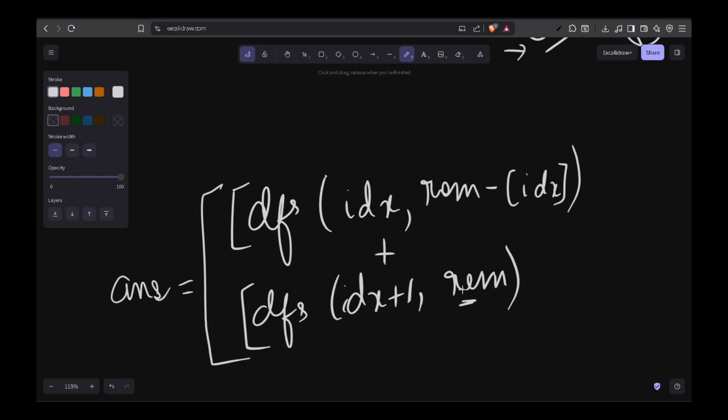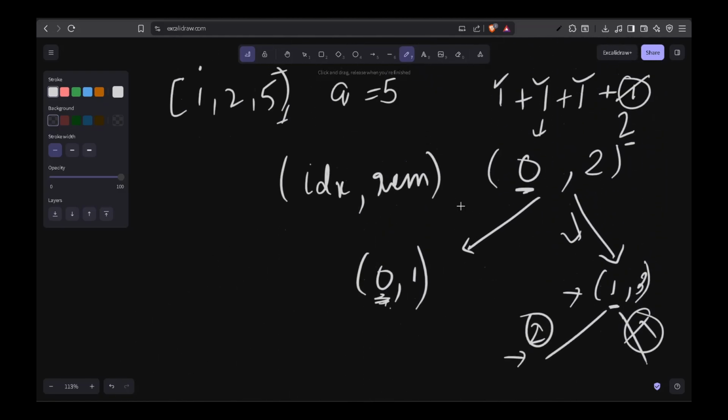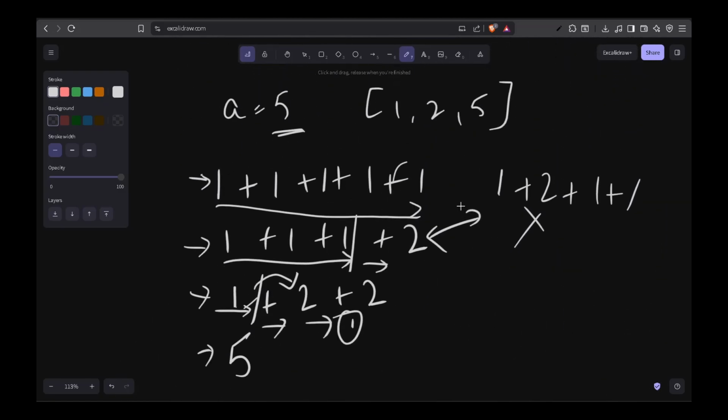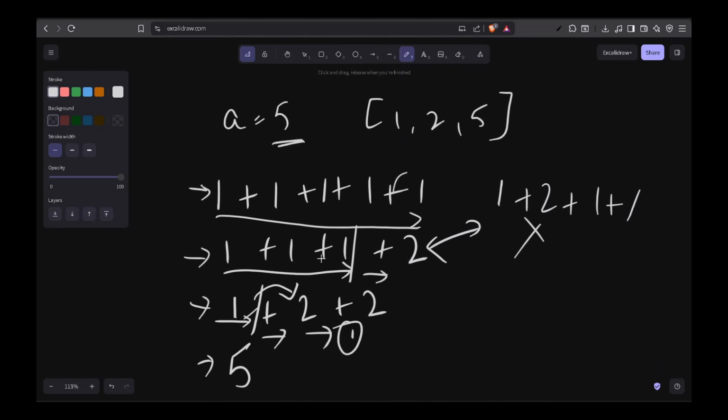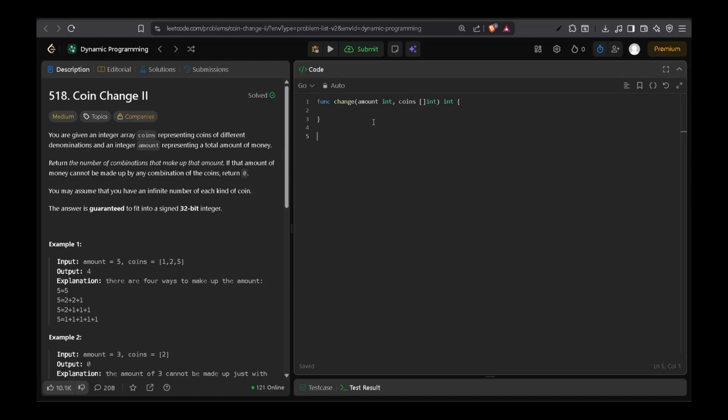The code is very simple. This was the logic, and the important part in the logic was understanding what combination means and how to solve for it, right? Let's write a dfs call. So func dfs will take the index, as I said. It will take a remaining amount, which will be int, and we take the coins array and will return an int.